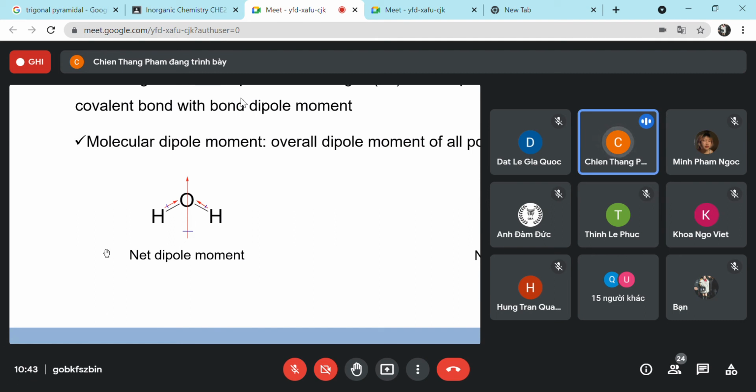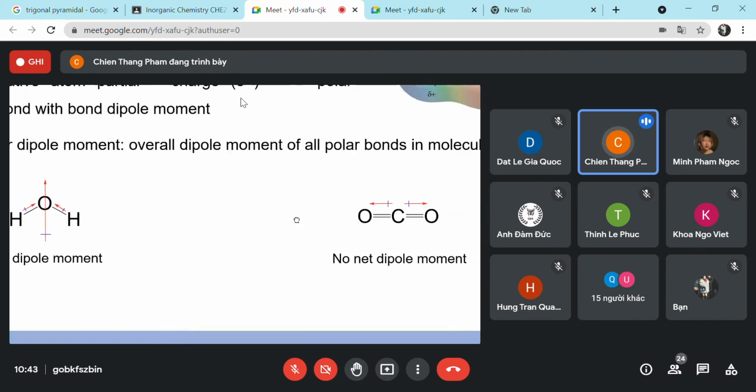However, because the water molecule is bent, when you combine these two vectors, you find the overall vector. This is the overall dipole moment of the water molecule. So in this case, we say that water is a polar molecule.